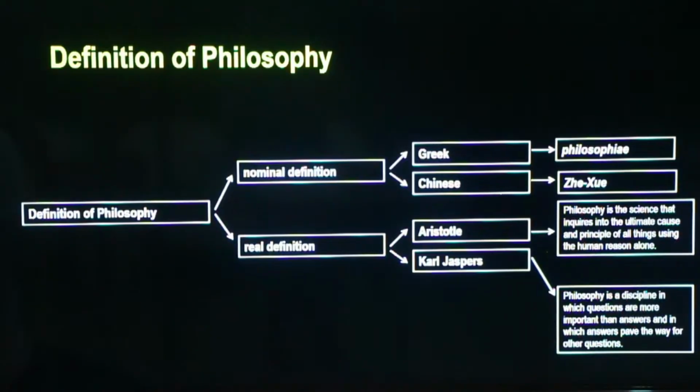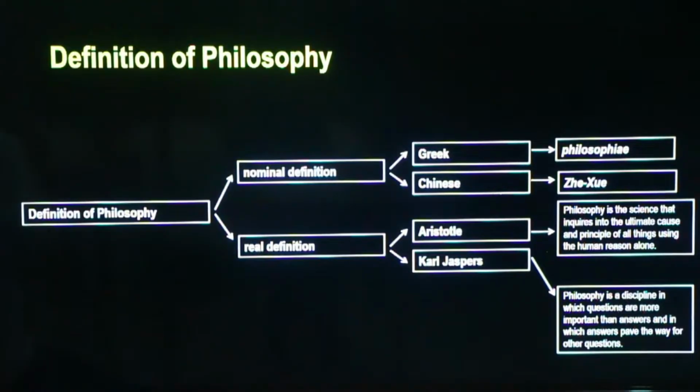Another point that is worthy of emphasis is, for Aristotle, philosophy is a science. And we know that science is a body of knowledge gathered through experimentation, observation, and so on.